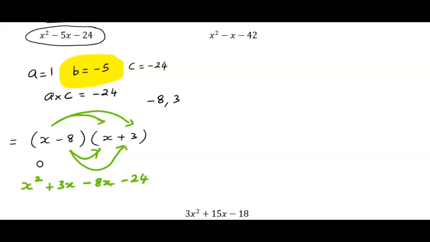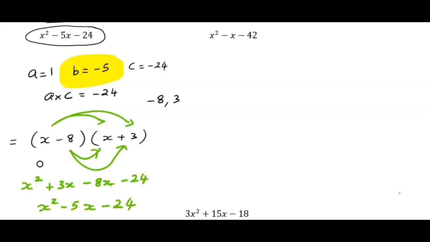Combining the like terms, I end up with x squared minus 5x minus 24, and that confirms the answer we've got is correct.